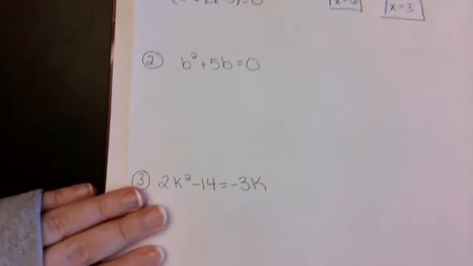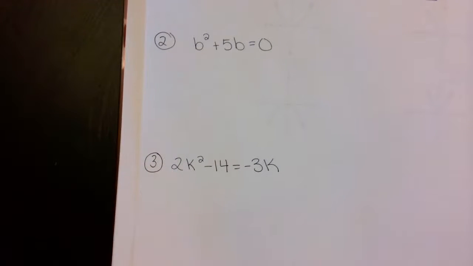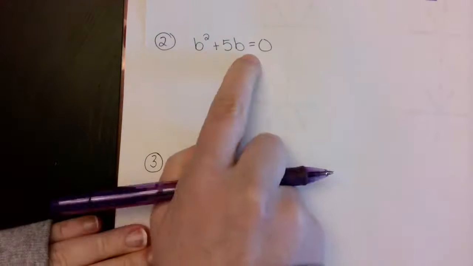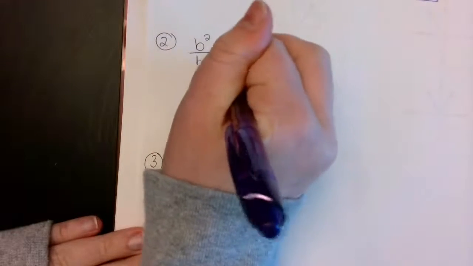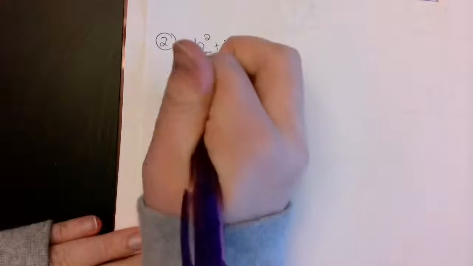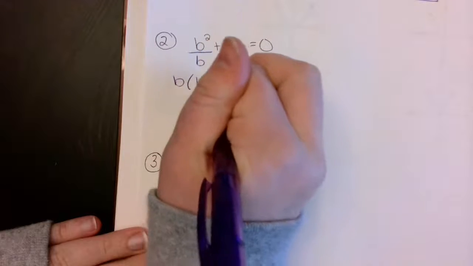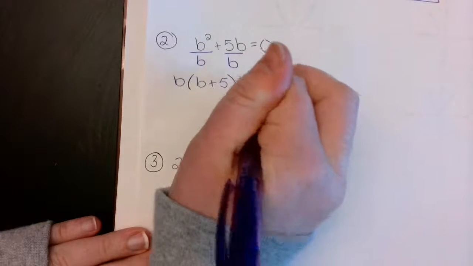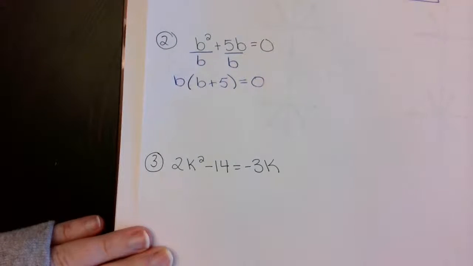Alright, my second example, the first step I'm always going to do is look for the greatest common factor. My greatest common factor here is b. I can take a b out of both, leaving b plus 5 in parentheses, equal to 0.